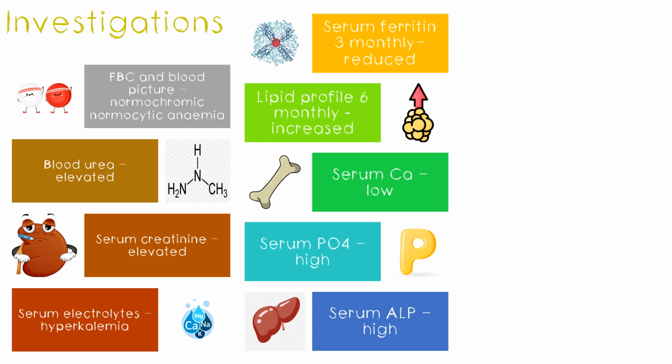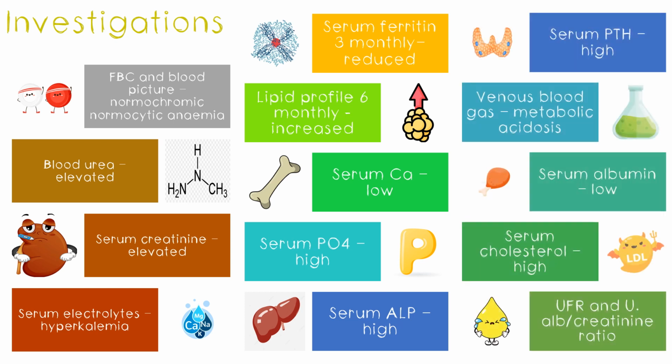Due to the low calcium, PTH levels will be elevated, resulting in increased phosphorus, and because there will be a high bone turnover, there will be raised ALP levels as well. With the progression of the disease, acid-base abnormalities occur, so there will be a metabolic acidosis in the VBG.